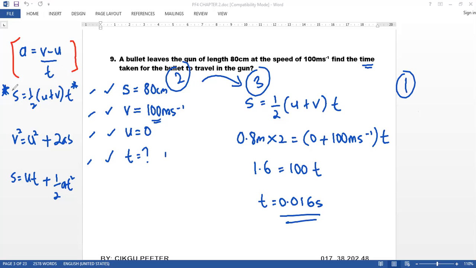First one, second one, third one, and the last one. We got another 2 more formulas: average speed, total distance per total time, and average velocity, total displacement per total time. So these are the 6 formulas you have to master to complete 2.1.